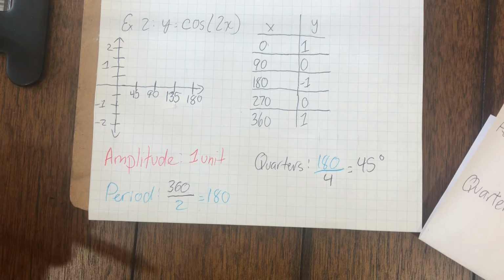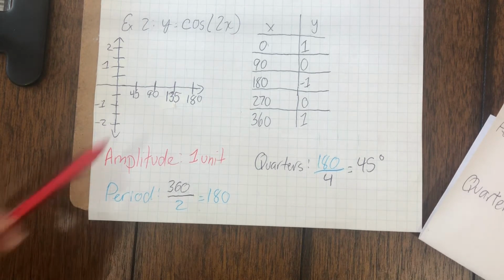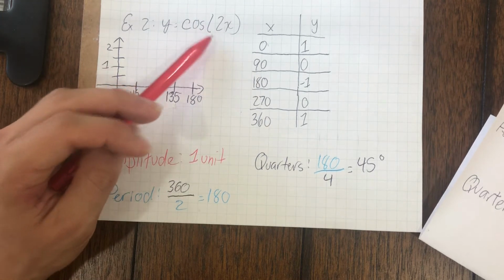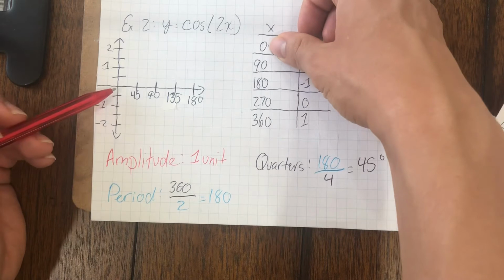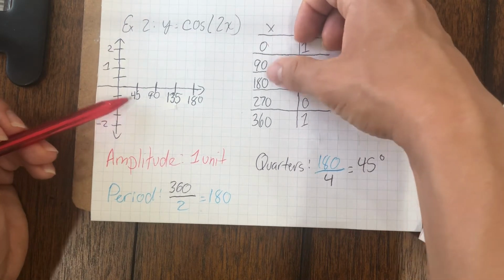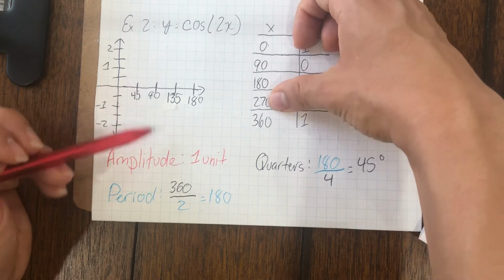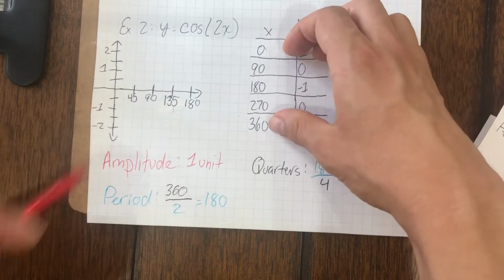And let's try to figure out what operation we would do to the x values if we were to have a number in front of x. So we stayed at 0, 0, but then we went from 90 to 45, 180 to 90, 270 to 135, and 360 to 180.